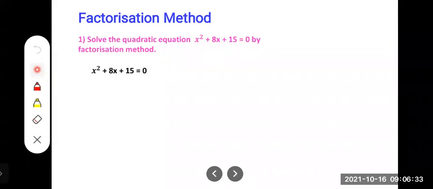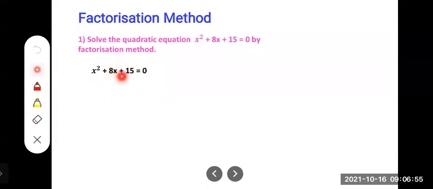Okay, yes. Now, how can we solve this type of factorization? x square plus 8x plus 15 equal to 0. So you know you have to split the middle term. Okay, now three terms are there. We have to make it 4 terms. Is it clear, children? How will it become 4 terms?